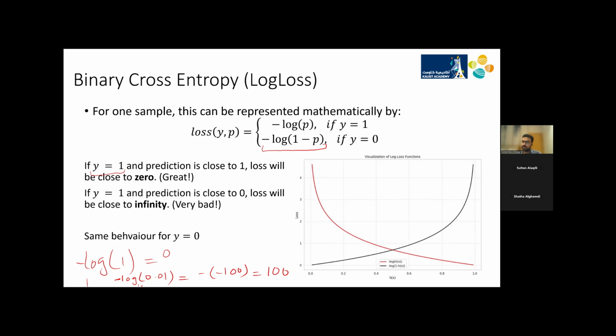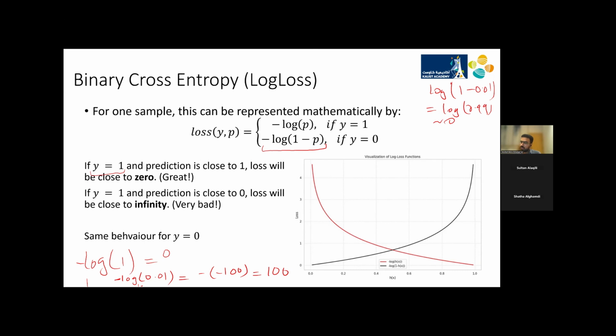Okay, so in this case, if the true label is 0 and the model makes the prediction of 0.01 again, it would be log of 0.99. Since this value is very close to 1, we will get the loss close to 0, right?